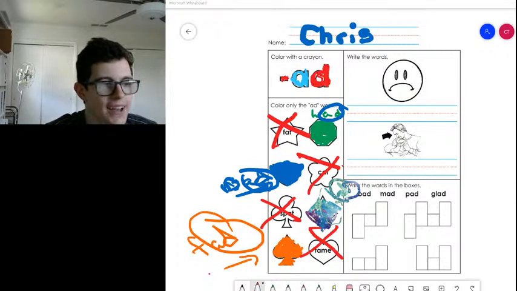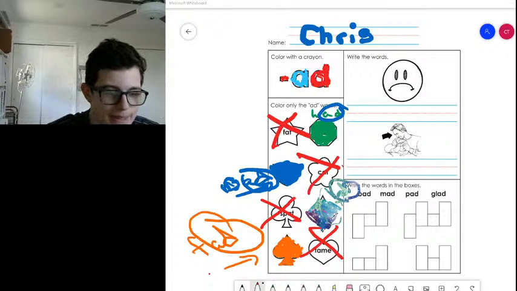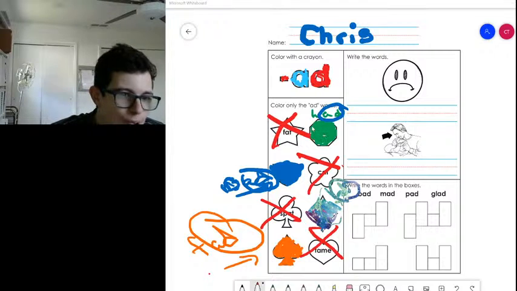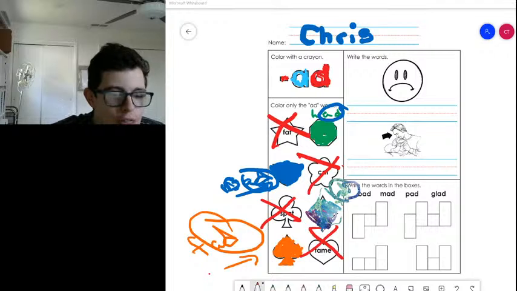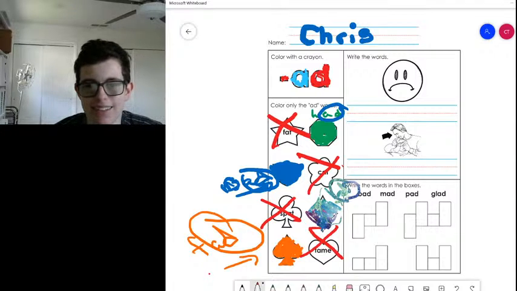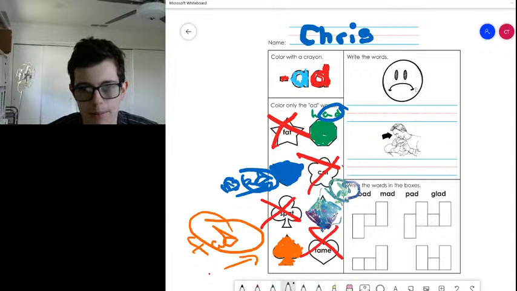Okay. Moving on to the next section. Write the words. So, this word here is sad. This guy is sad. He's not very happy. We're gonna draw a little teardrop on him because he's not very happy.